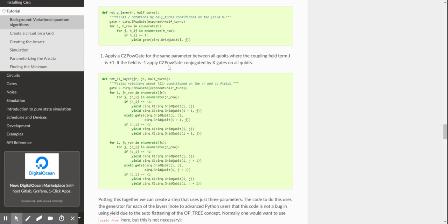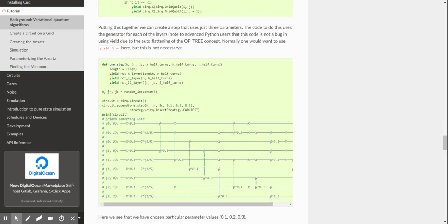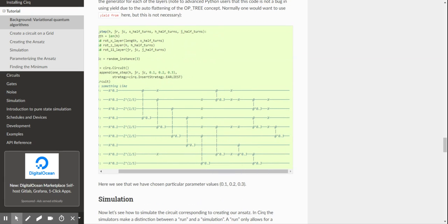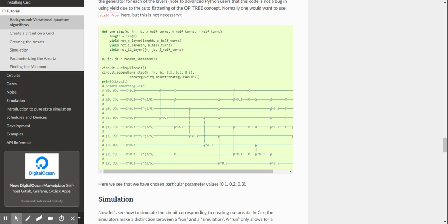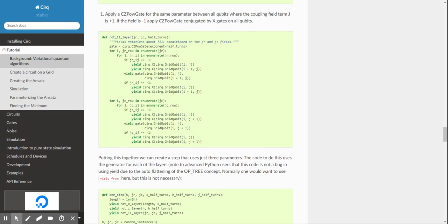And if the field is -1, we apply conjugated by. So does this mean exactly that we have? So here's examples. And you've got the X gates afterwards, or what? Looks like. Let's see.